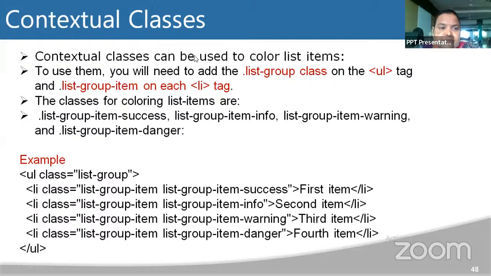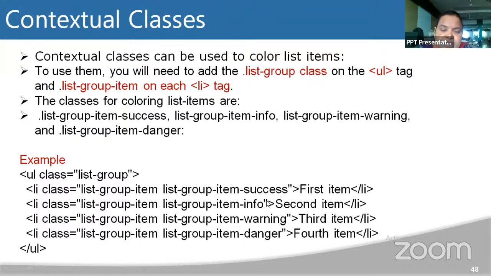To use them, you need to add list-group-item on an ordered list and on each list item. As in the previous class for the unordered list, the class is called list-group, and each item is list-group-item, the same as before, but now you also mention the contextual class.